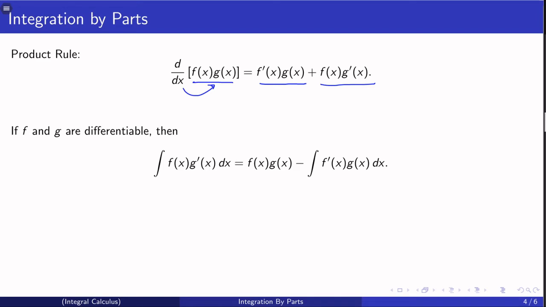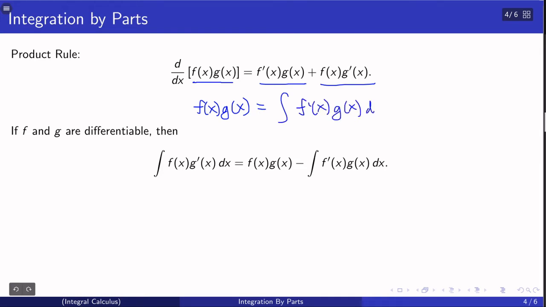And so writing this as an equation with integrals instead, we can say f of x times g of x is the integral of f prime of x g of x dx plus the integral of f of x g prime of x dx. And so just moving one of these integrals over to the left, or rearranging, we end up with this statement.